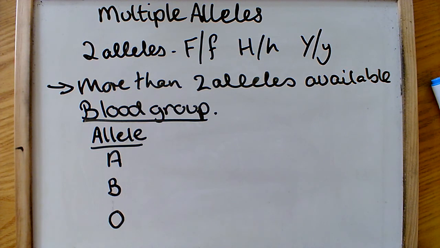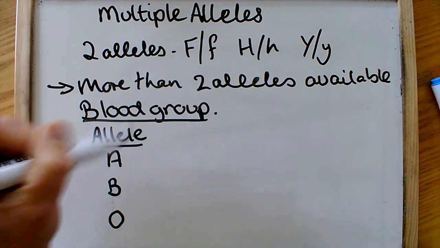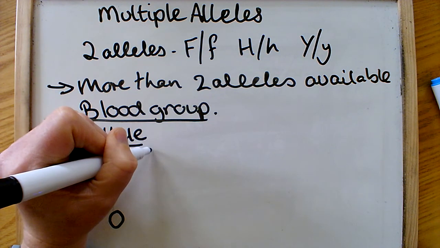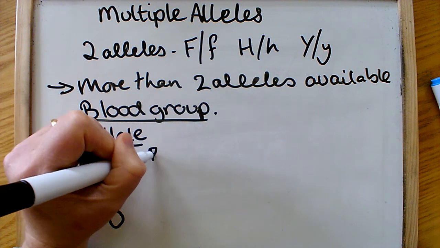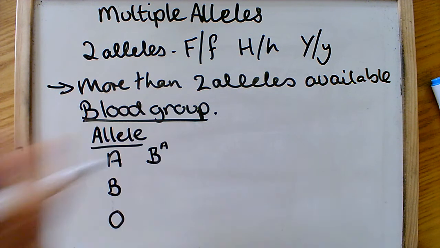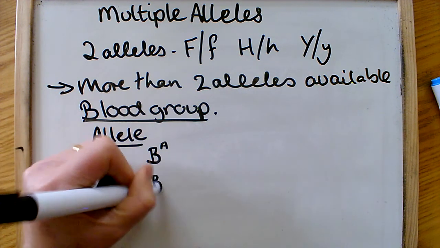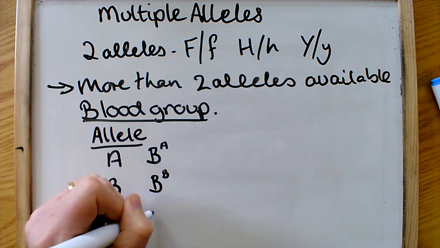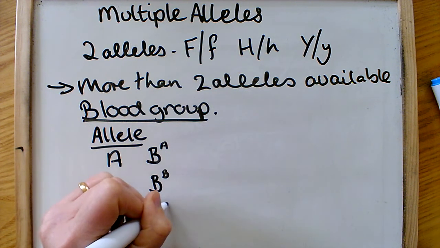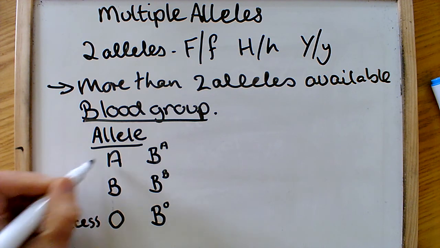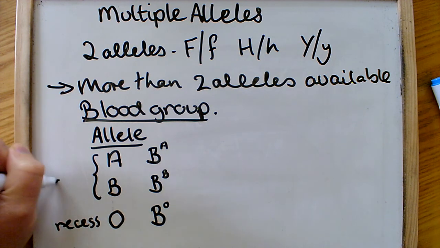So sometimes what you see is that they write it down, instead of writing it down simply like this, they might write down I for blood group, and you could have blood group with the allele A, you could have blood group with the allele B, and that's how you can tell that these are co-dominant, and then blood group O, and O is recessive. And these two are co-dominant.